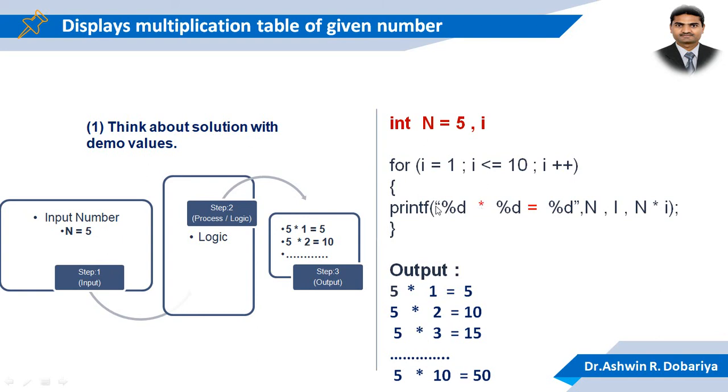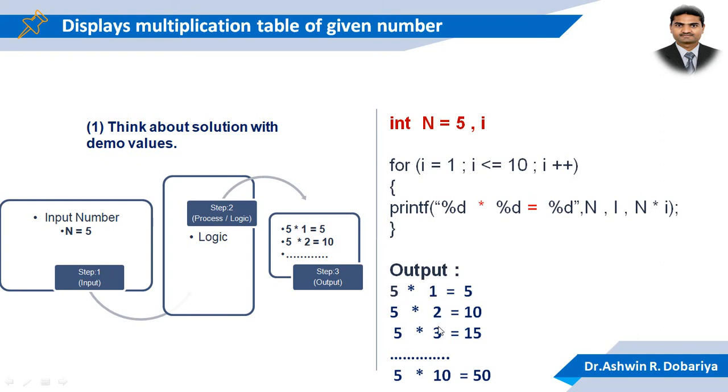Whatever we write in between the double quotation marks is considered a control string, and instead of %d it will display the appropriate variable value. So in place of the first %d we want to display the input value. The input value is stored in n, so the value of n will be displayed in place of the first %d. Then the star will be displayed as it is.